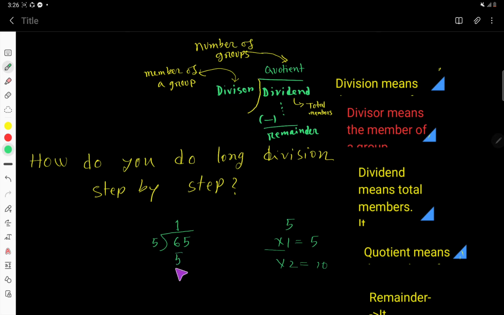Our third step is to subtract. 6 minus 5, we are getting 1. What is our fourth step? Bring down. Bring down this 5.